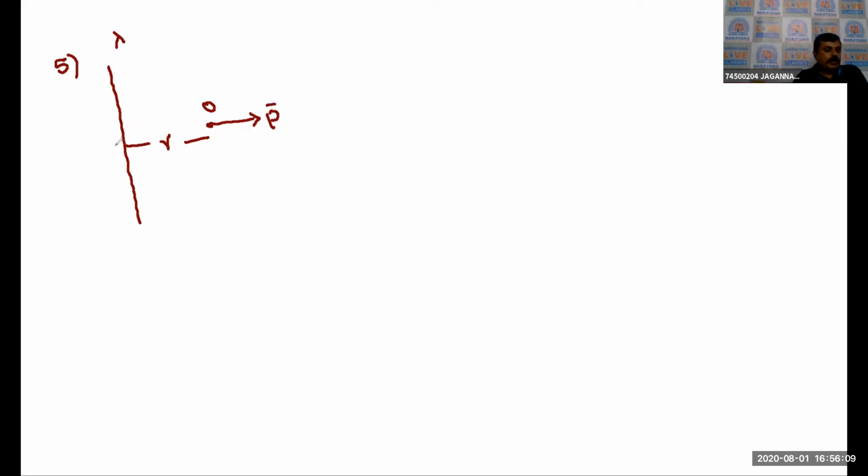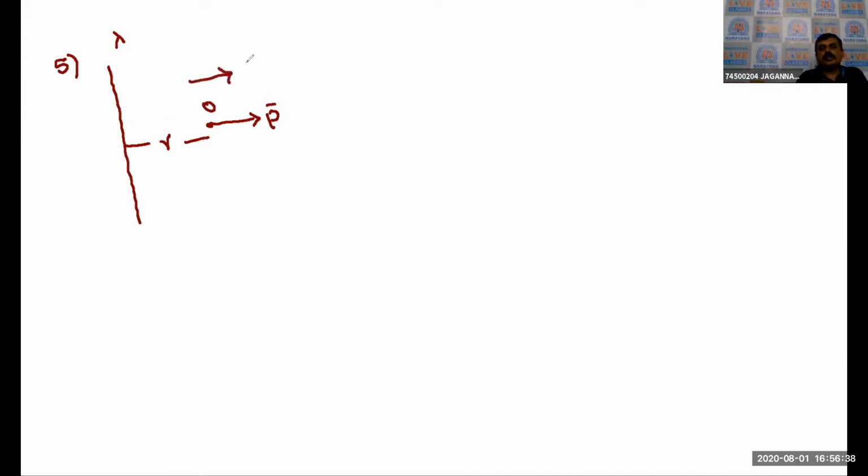Find the force acting on the dipole. When the dipole is present near a charged wire, it experiences the electric field, and due to that electric field, it experiences a force. This is a positive charge, no? So the electric field at this point will be in this direction.